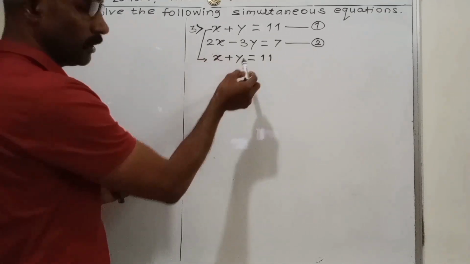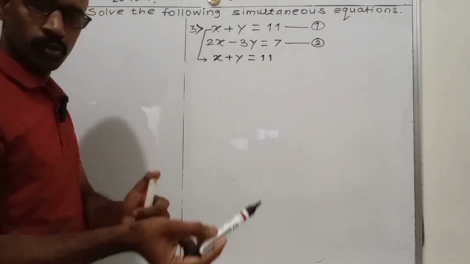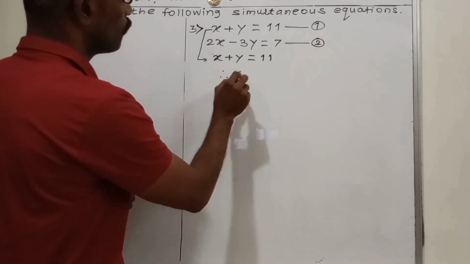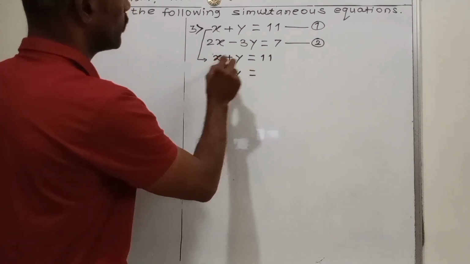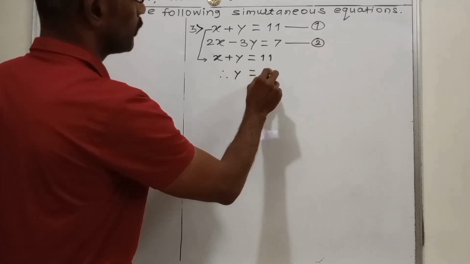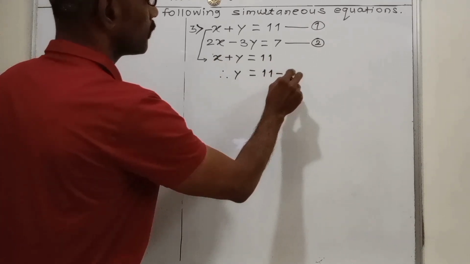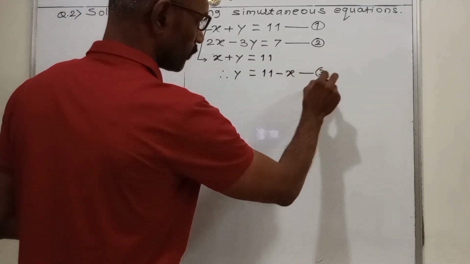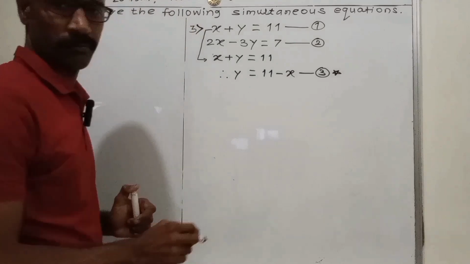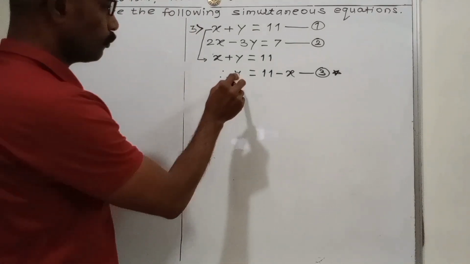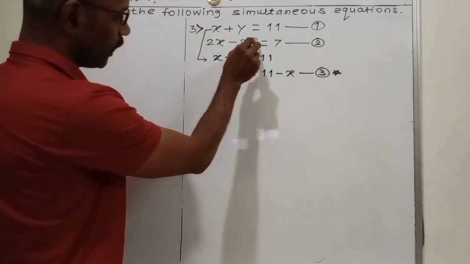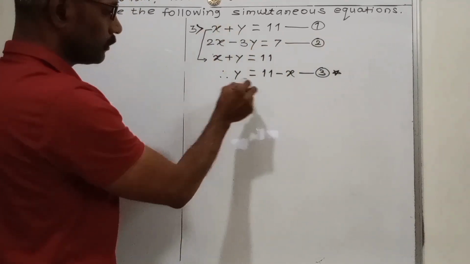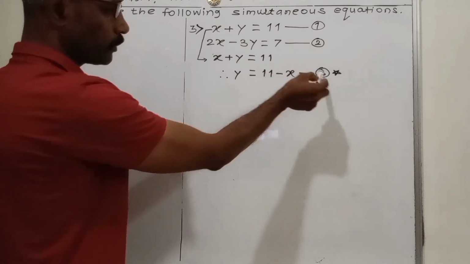Therefore, y is equal to 11 minus x, we take x to the right side, plus becomes minus. This is our new equation number 3.